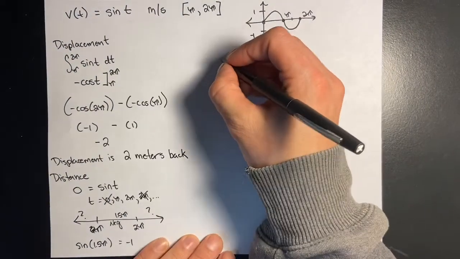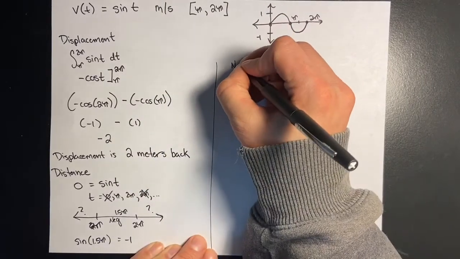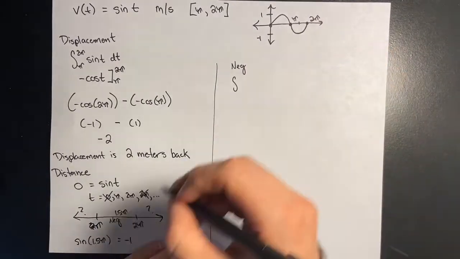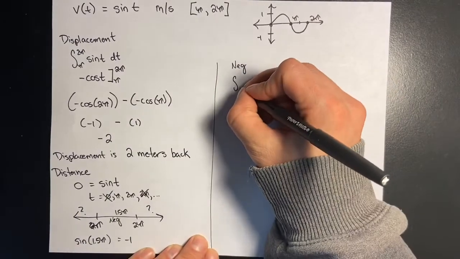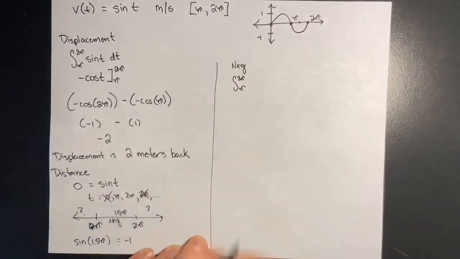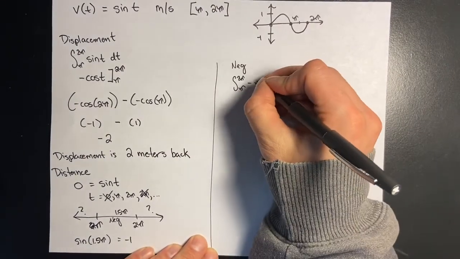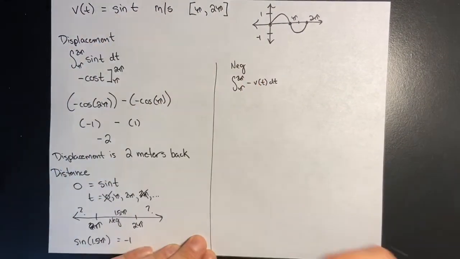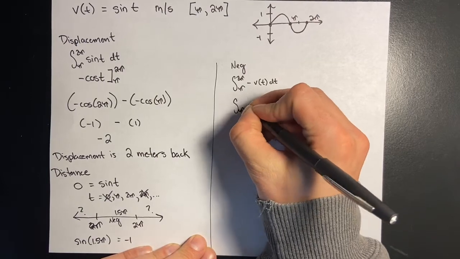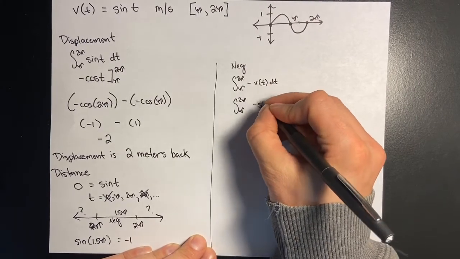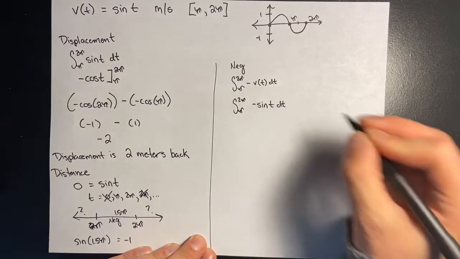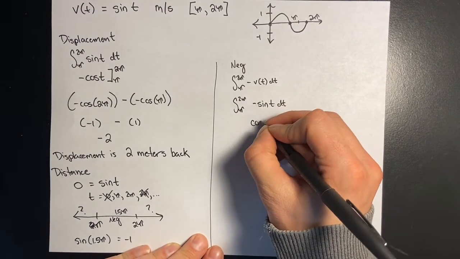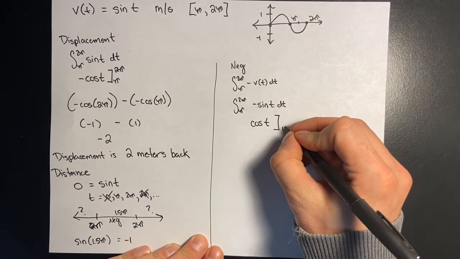So I have a negative. Right now I'm doing distance, and I have a negative. And if you remember with negatives, okay, your job is to take whatever interval that this guy is negative on, and it's negative on between pi and 2 pi, which covers the entire problem, of negative velocity dt. Velocity is sine t. So I'm going to take the integral between pi and 2 pi of negative sine t. The integral of negative sine t is positive cosine t, and I care about pi and 2 pi.